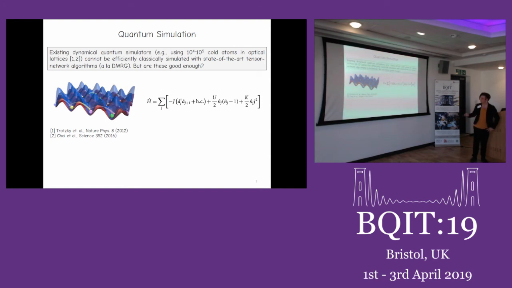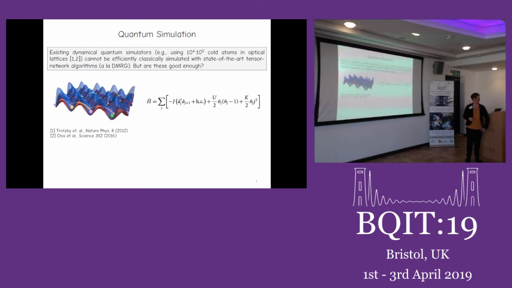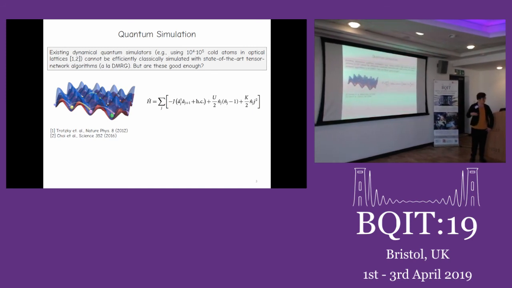Examples of such experiments are conducted here using several thousands of atoms, and they can engineer these Bose-Hubbard Hamiltonians. And actually, this work over here is something that we really had in mind when we started this work. They push these quantum simulators to the extent that it becomes hard to classically simulate them with current classical algorithms based on tensor networks, such as DMRG.